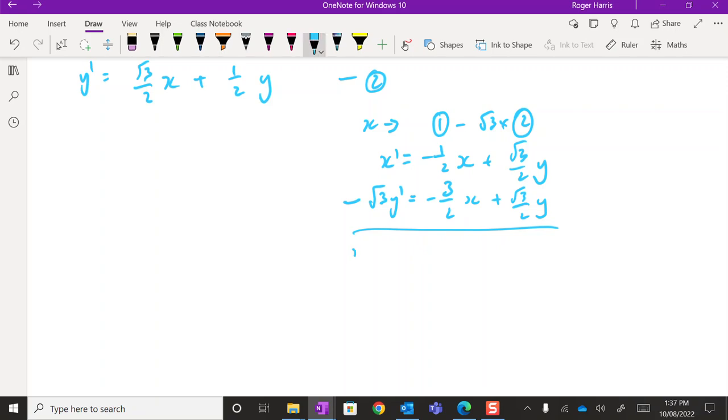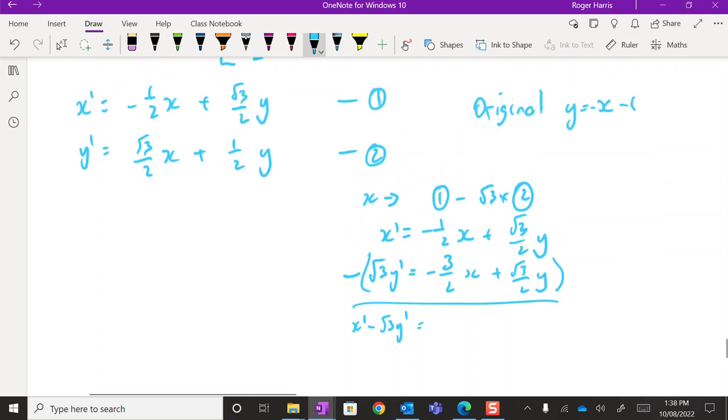So I'm going to get x1 minus root 3 y1. And because I'm minusing a whole lot, I'm going to get negative a half minus minus root 3 on 2 becomes plus root 3 on 2, this becomes whole number 2. Negative 3 minus, did I make an error somewhere there?